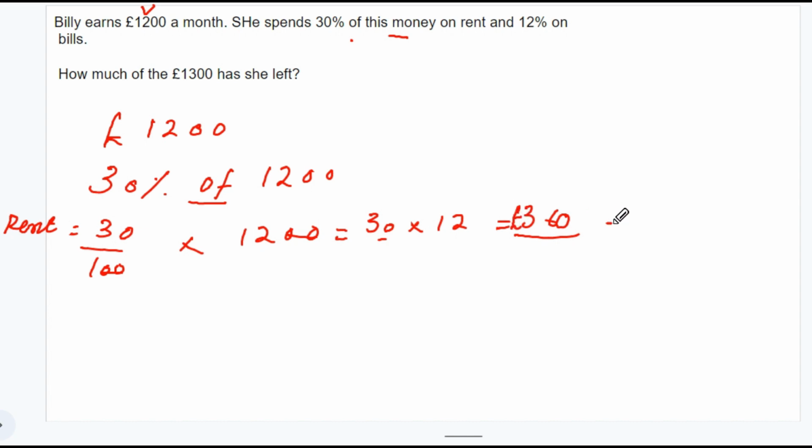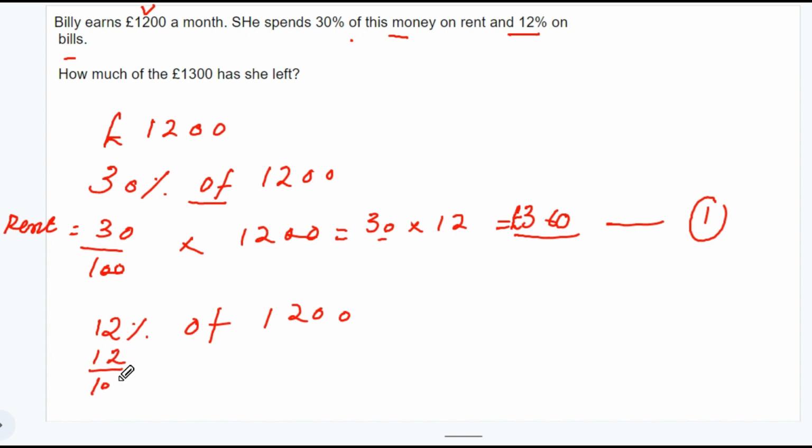Okay, this is the one thing we have found. The other thing is 12% on bills. 12% of 1200, because 1200 is her salary, so she needs to pay from this salary: 30% for rent, 12% for bills. So now 12% of 1200, what would it be? 12 out of 100 times 1200, right?